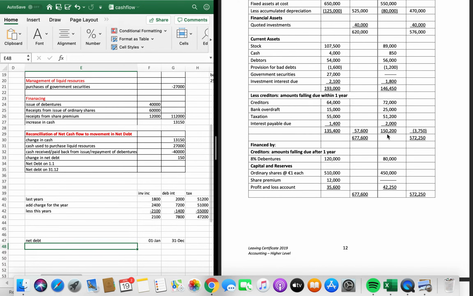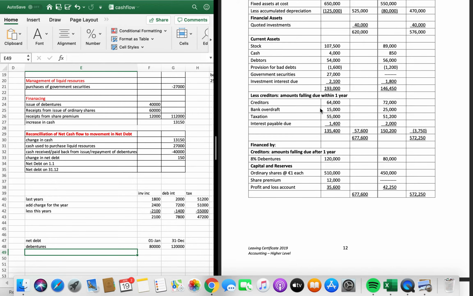So in effect, last year and this year. So let's look at our debt. How much debt did we have at the start of last year? Well, we had debentures of 80,000. And this year, our debentures are 120. Bank overdraft, that's debt.